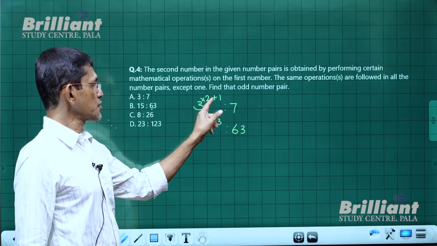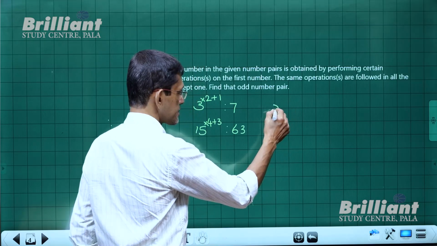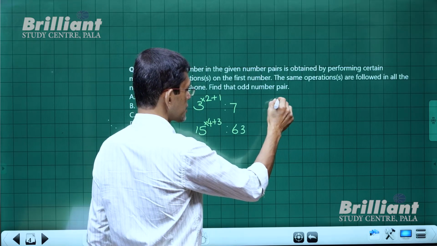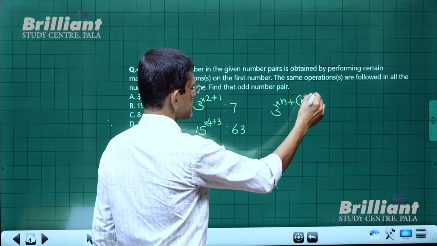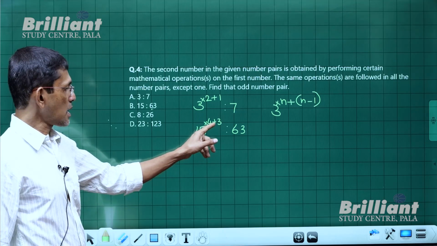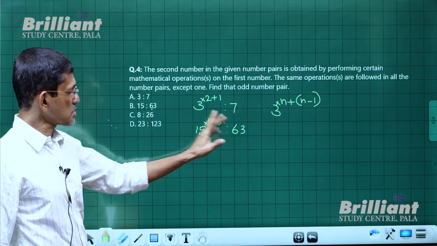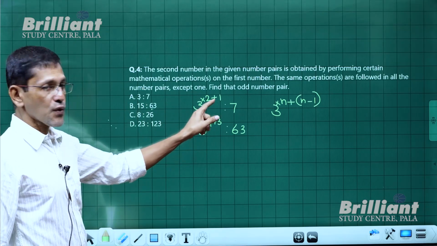So we can create a pattern there: 3 into n plus n minus 1. And here 15 into 4 plus 4 minus 1 is 3. Okay, that is perfectly all right. So these two pairs follow that pattern.